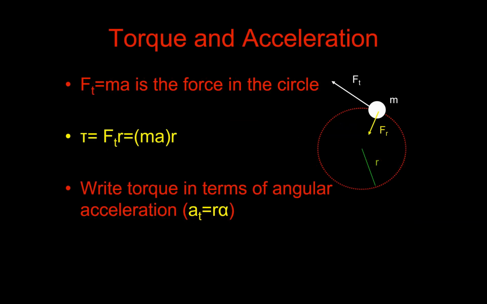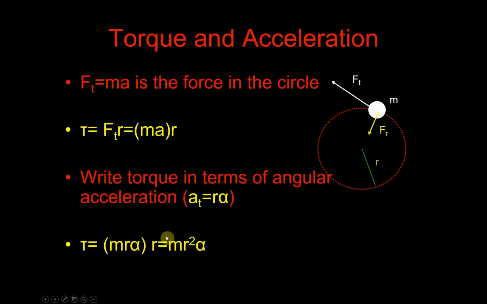You can relate torque to acceleration. Remember, F equals ma still applies. Torque is a force, so torque is F times r. If we apply ma, then torque can be ma times r. That means if we can write it in terms of F equals ma, we can write it in terms of an acceleration. The acceleration in this case will be a tangential acceleration, which will be r times alpha.